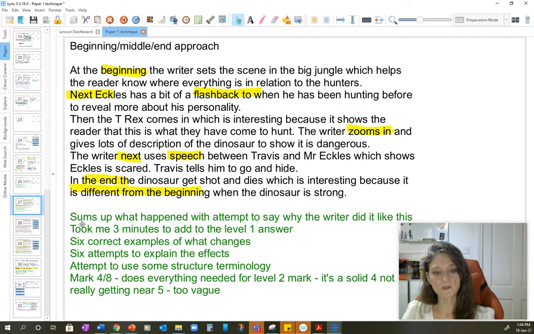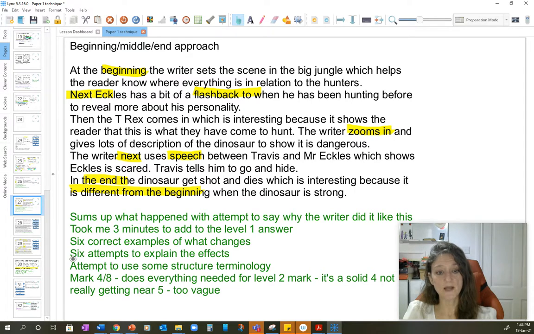Right, so what does this answer that would get 4 out of 8 do? It sums up what happened. I've almost bullet pointed in sentences what happens and what changes. That's the first thing that you need to do.